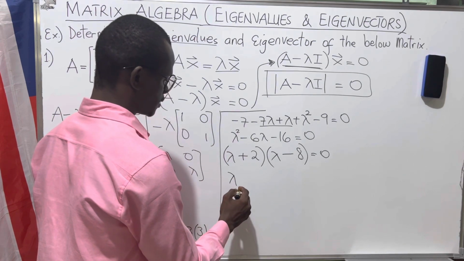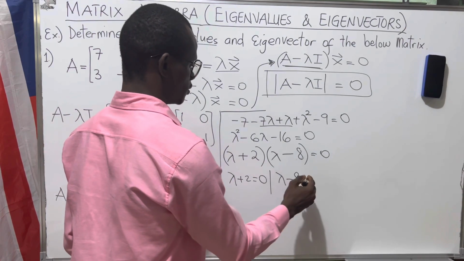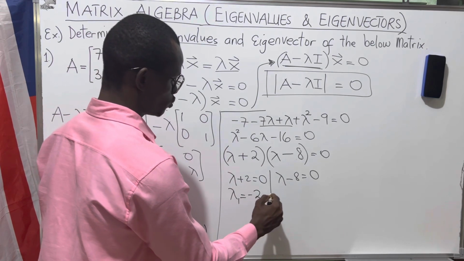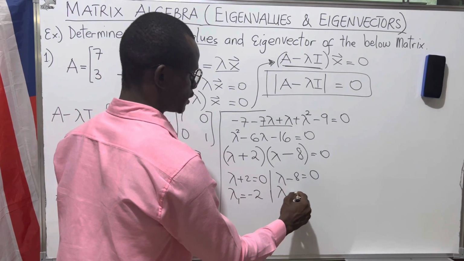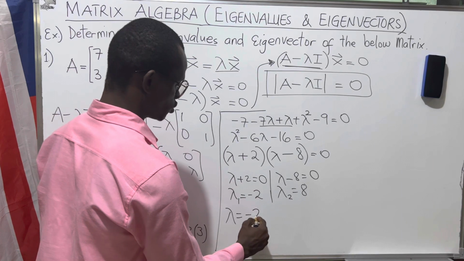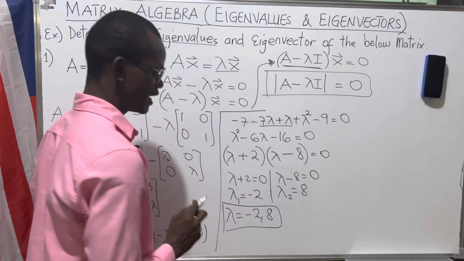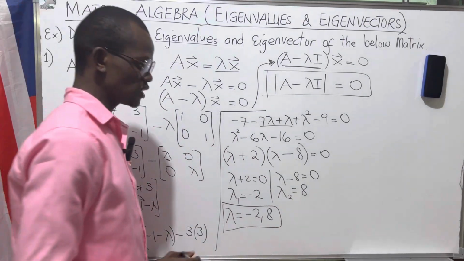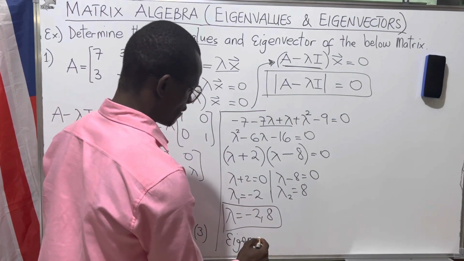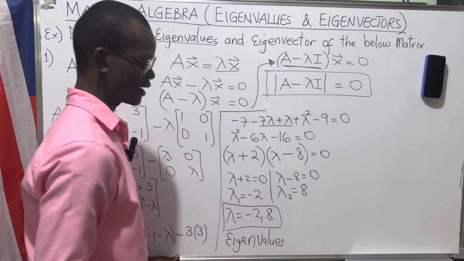So we have lambda plus 2 equal to 0, and lambda minus 8 equal to 0. So lambda 1 is equal to minus 2, and lambda 2 is equal to positive 8. So we have lambda equal to minus 2 and 8. These are the two values that we have for lambda, and these values are what we refer to as the eigenvalues, or the characteristic roots.